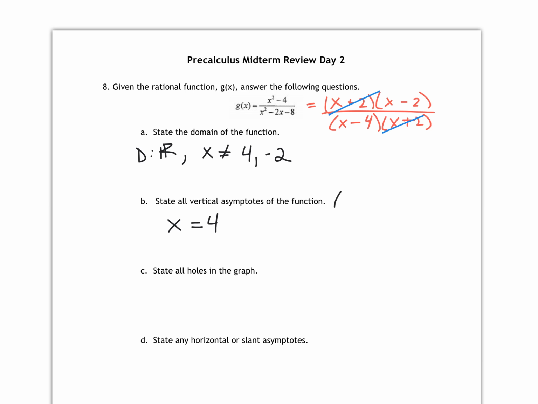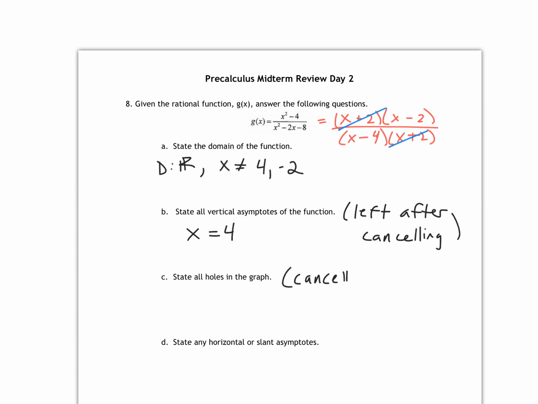So maybe I'll make a note here: left after canceling, and then this is what actually gets canceled. So then the hole is at negative 2, since we canceled x plus 2.